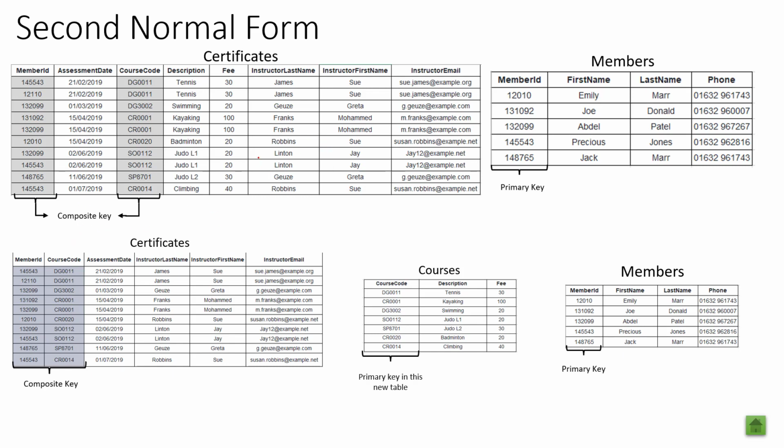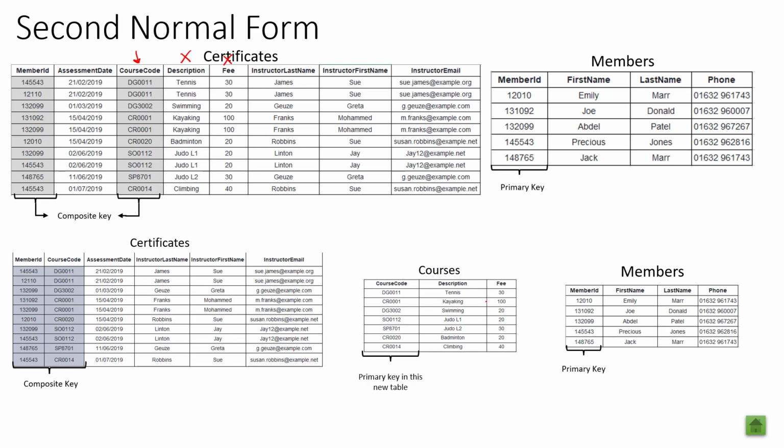So for second normal form, I need to make sure that there are no partial dependencies. And I told you before, the description and the fee are partially dependent. They're not wholly dependent. They're only dependent on the course code. So they've got to go. And that's why I make a courses table.